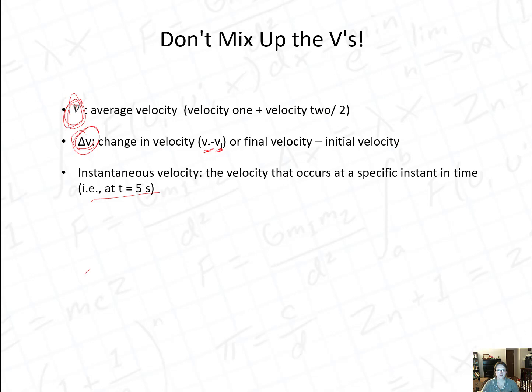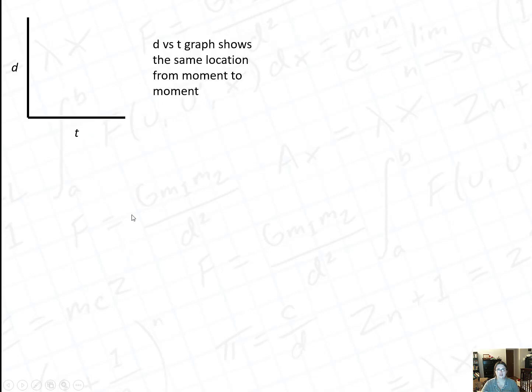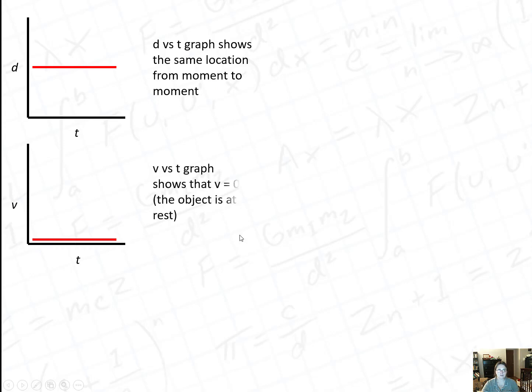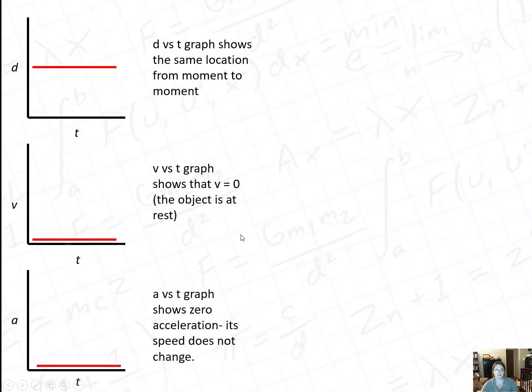Okay. So then just a review of what different distance versus time graphs and their associated velocity versus time and acceleration versus time graphs look like. So a distance versus time graph that shows the same location from moment to moment, that's going to mean that it has a constant velocity of 0, and there isn't an acceleration either.